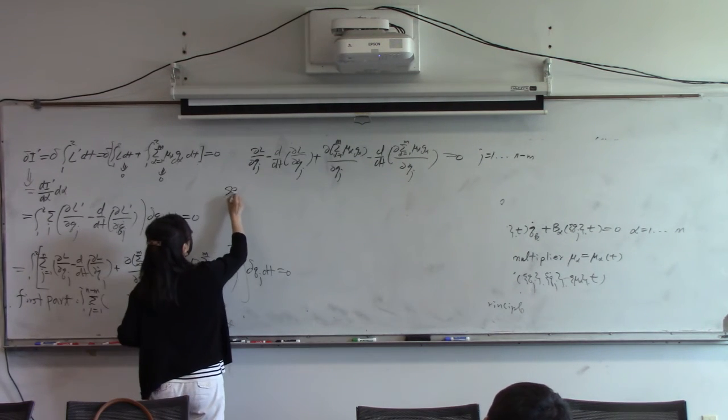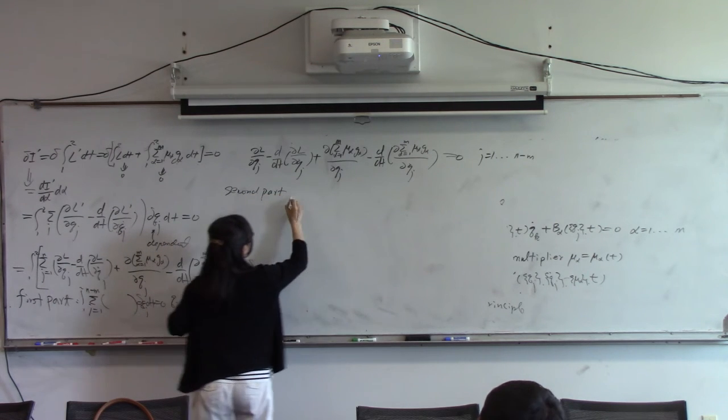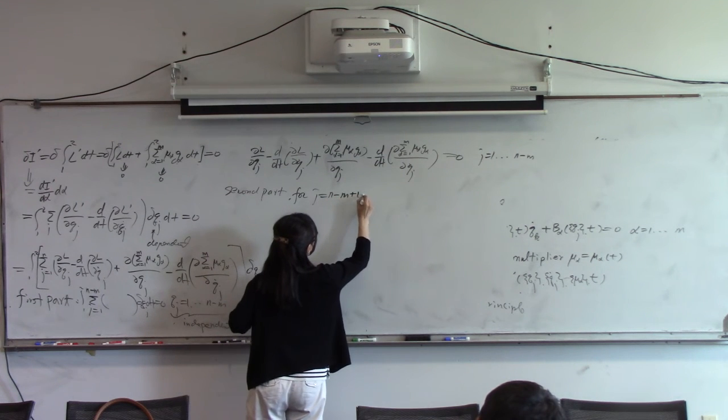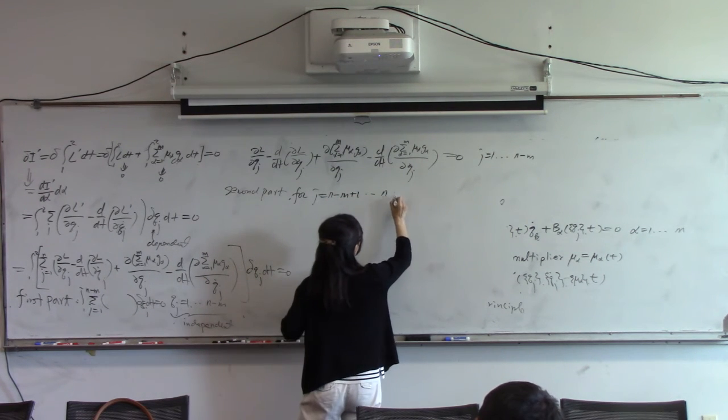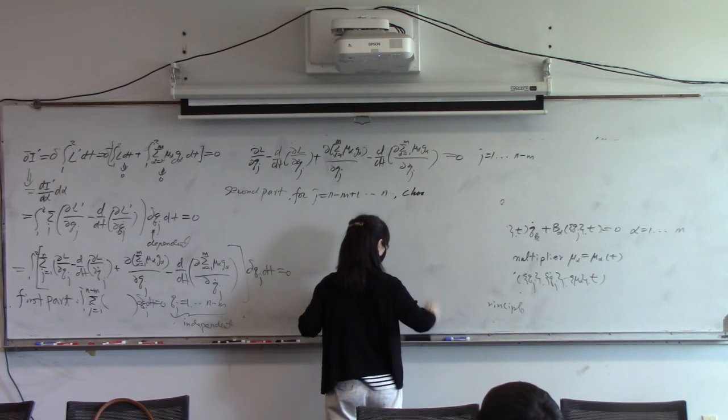The second part is for j from n minus m plus 1 to n. In this case, we are going to choose or adjust, let's say.